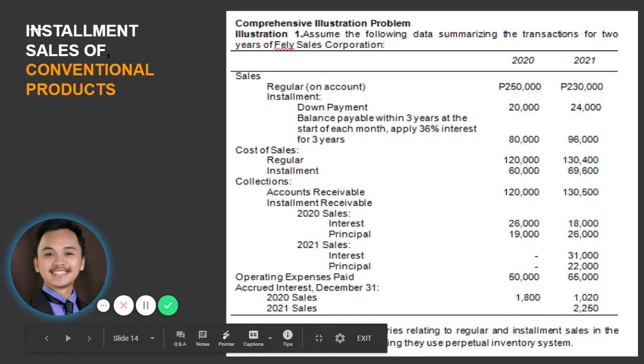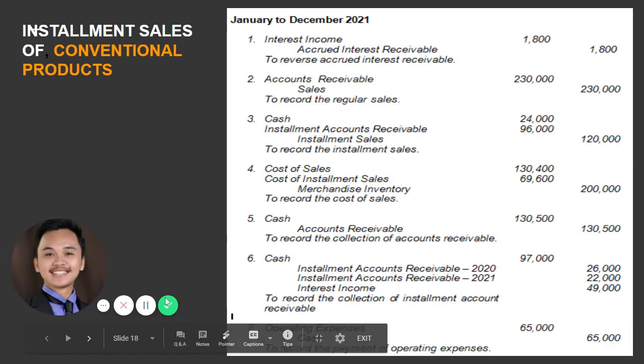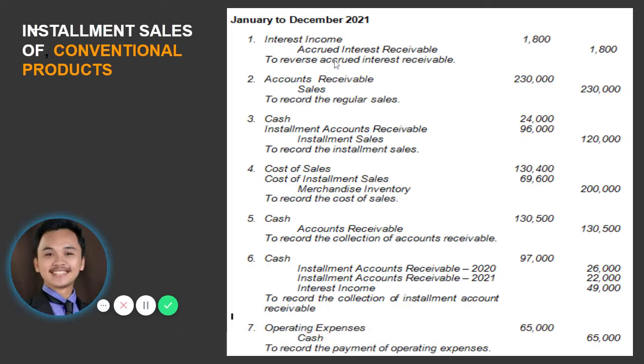Okay, so let's proceed to the journal entries for January to December 31 of the year 2021. So we have here the pro forma. Again, this time let us reverse the interest income that was recorded last year.